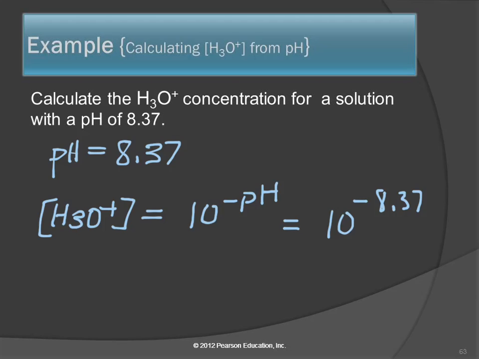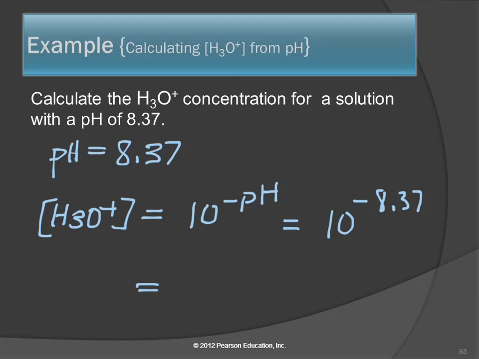On some calculators, you'll press the 10 to the x button first. It'll show you a parenthesis, and then you type in the rest of it. 8.37, change the sign to make it negative, and then press the 10 to the x button. On my calculator, I have to press a yellow button first, and then I get the 10 to the x function there.